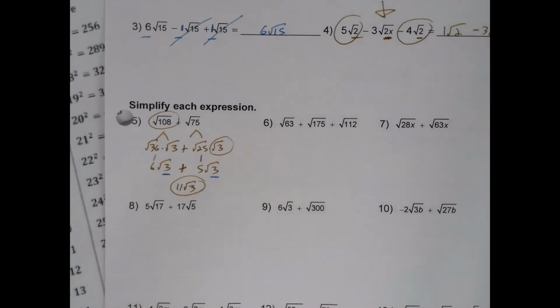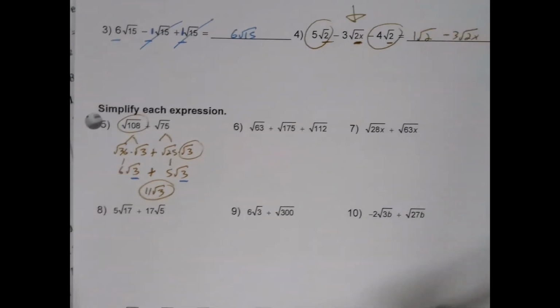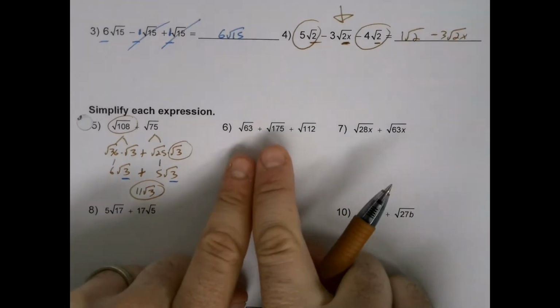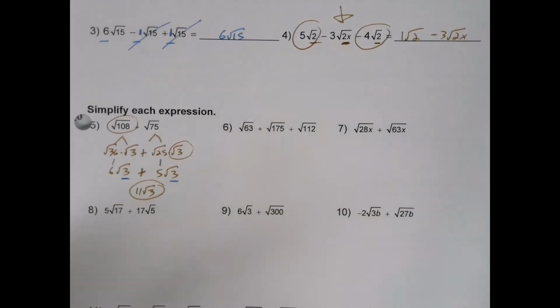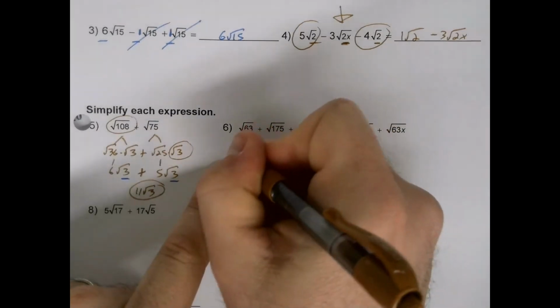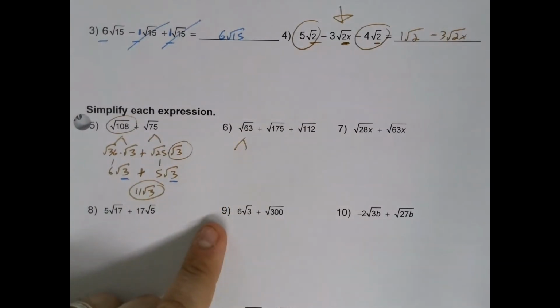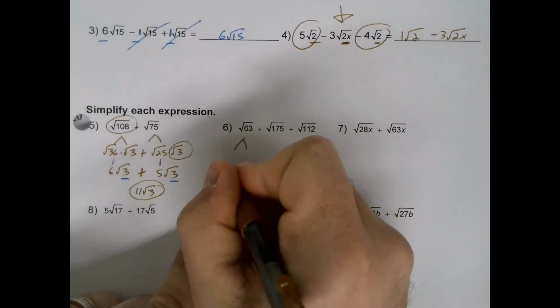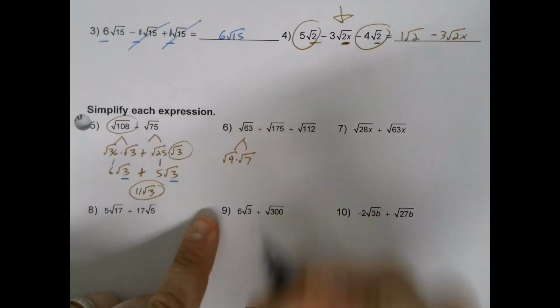Okay? So let's give you another example here. Three separate radicals. So we're going back to some of our times facts, and this is important, right? What comes out of 63? 9 and 7. Very good. So I'm going to split that guy into 9 and 7.